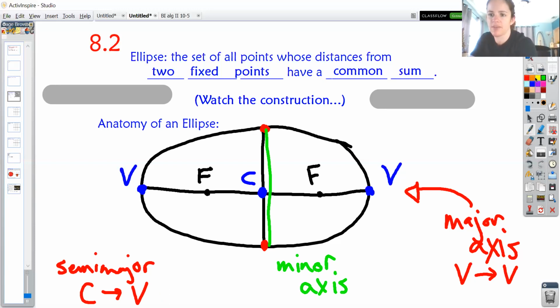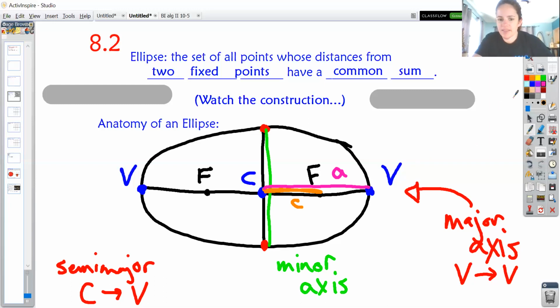And then we also have some distances that we label with the letters a, b, and c. So the distance from the center to the focus is c. And the distance from the center to the vertex is a.